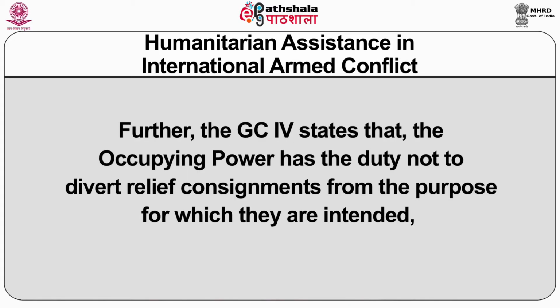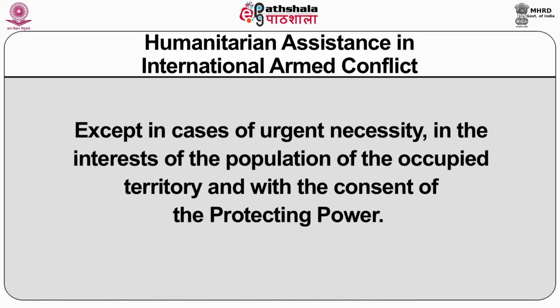Further, GC4 states that the occupying power has the duty not to divert relief consignments from the purpose for which they are intended, except in cases of urgent necessity in the interest of the population of the occupied territory and with the consent of the protecting power.